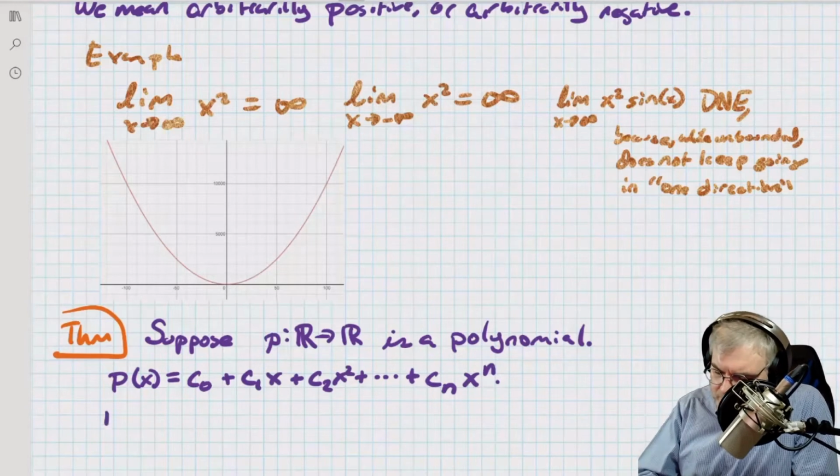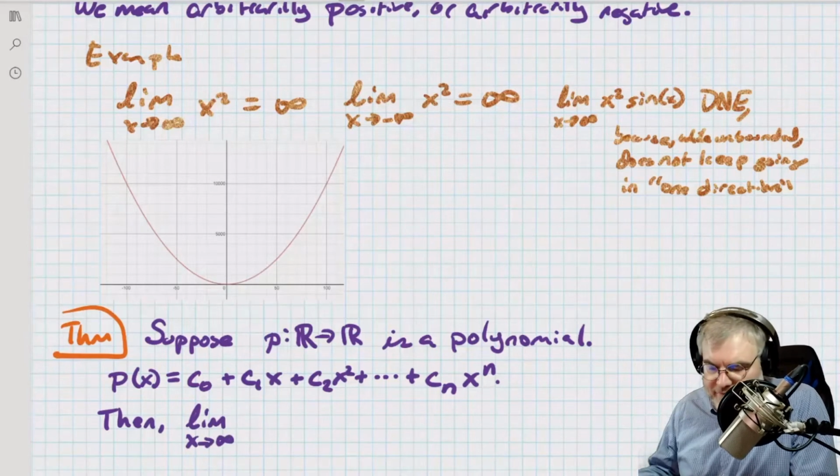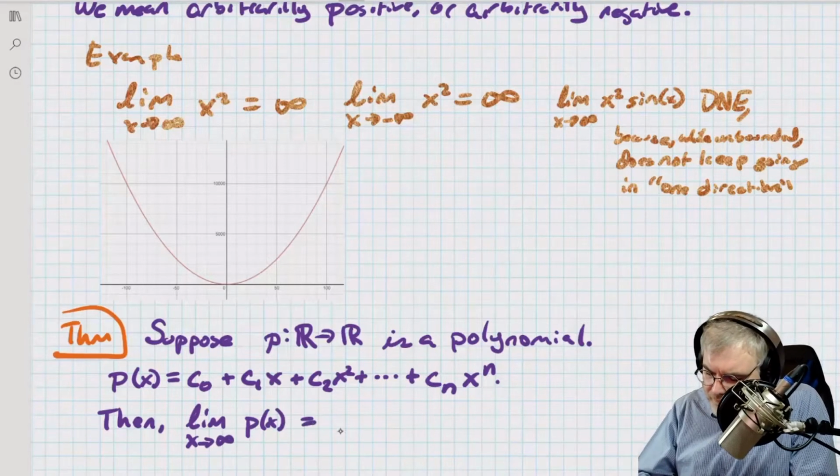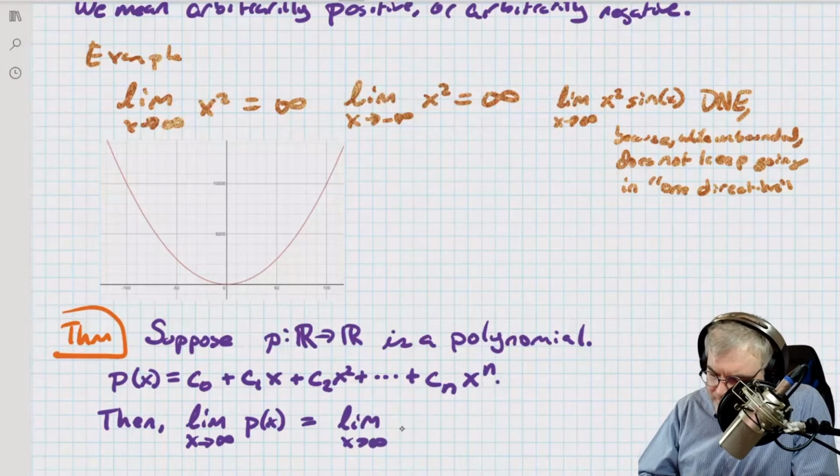Then the limit as x goes to infinity or negative infinity of p of x equals the limit as x goes to infinity of Cn x to the n.